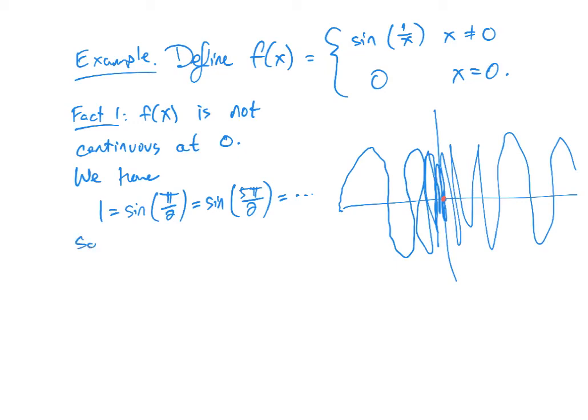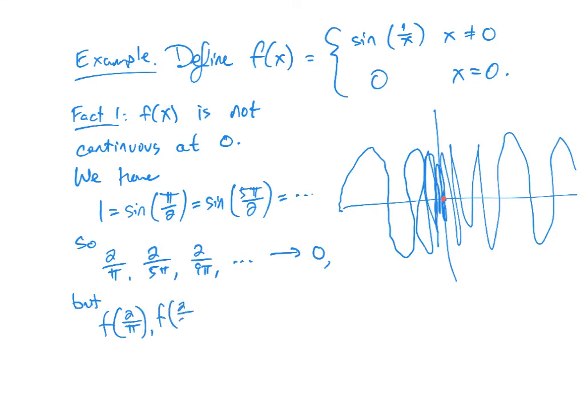So if we look at the sequence, 2 over pi, 2 over 5 pi, 2 over 9 pi, etc., that converges to 0, but now f of 2 over pi, f of 2 over 5 pi, f of 2 over 9 pi.